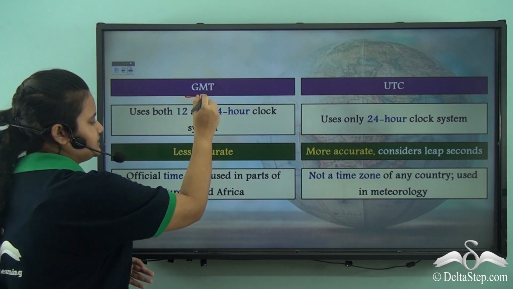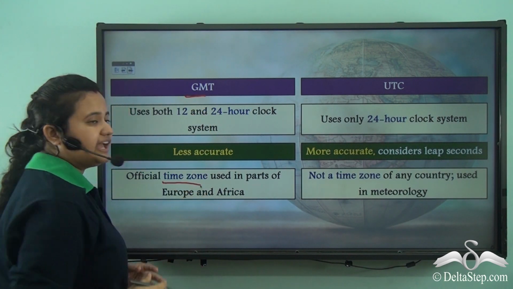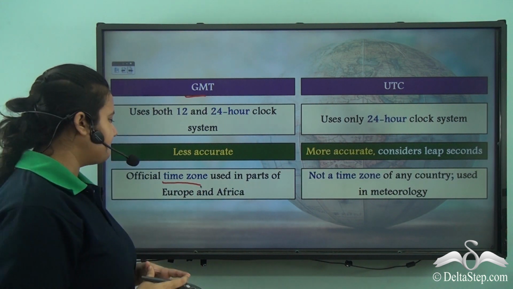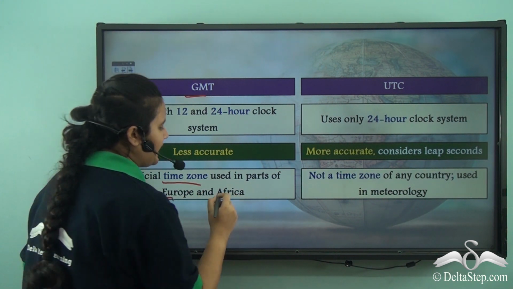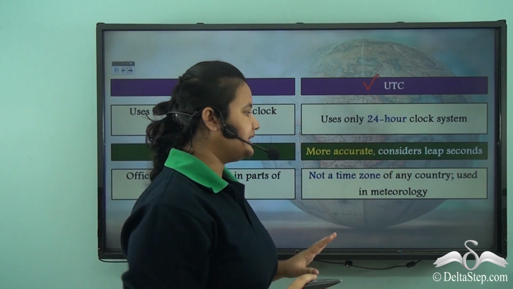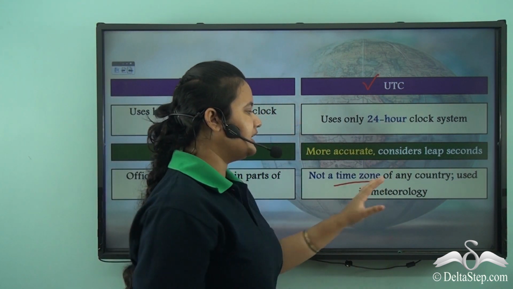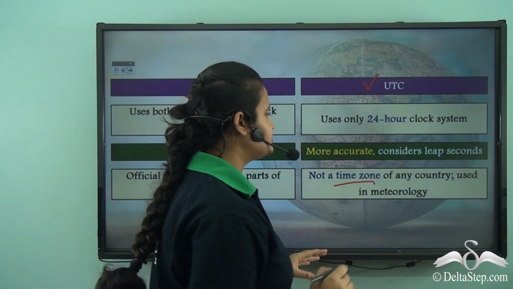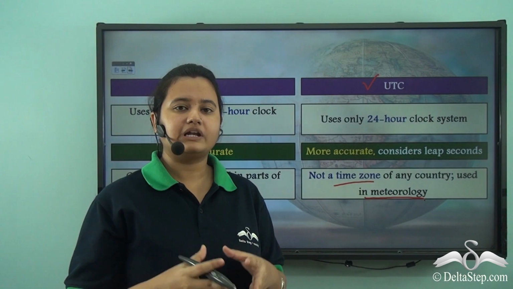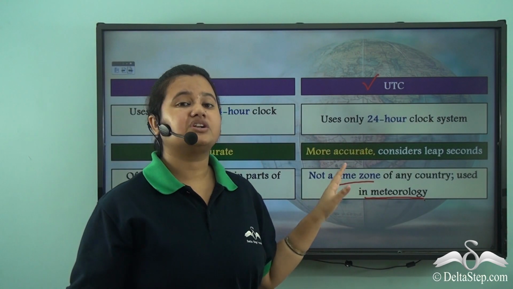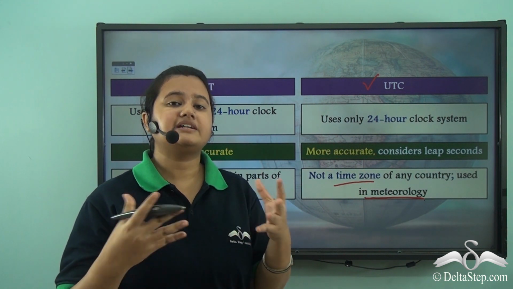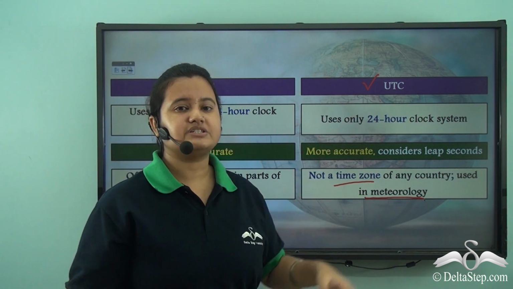Now, GMT is a time zone. In fact, it is the official time zone which is used in parts of Europe and Africa. UTC is not a time zone of any country. It is a time that is only used in meteorology. To say more clearly, UTC is not a time zone, that is, no country follows their time according to UTC.